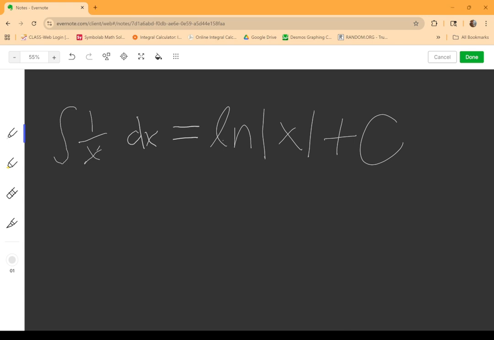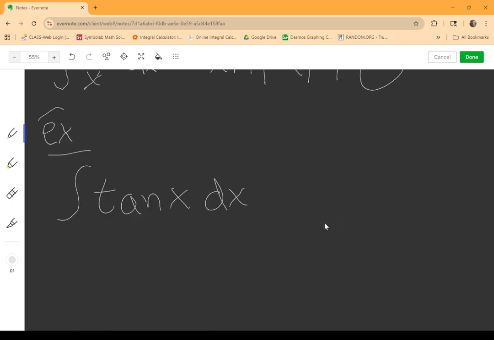All right. In particular, I'll do one example here. I can now evaluate the integral of tangent of x dx. All right, now previously I did not have this knowledge. I knew basic integral functions.